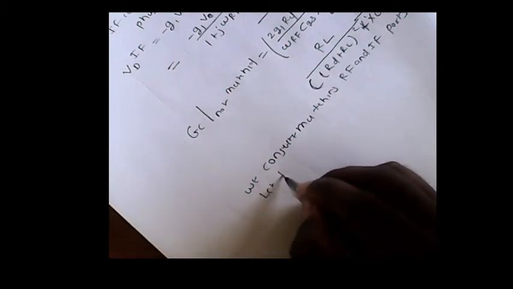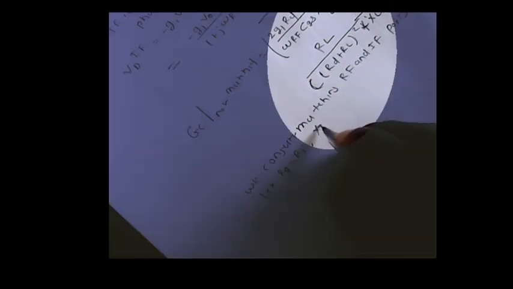So we get, let Rg equal to Ri, Xg equal to 1 upon omega Rf into gate to source capacitor, and RL equal to Rd and XL equal to 0.